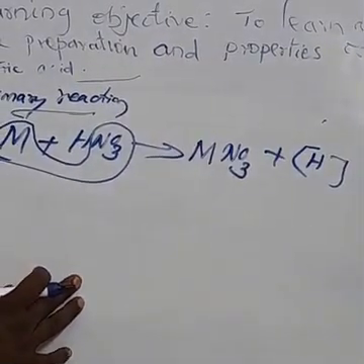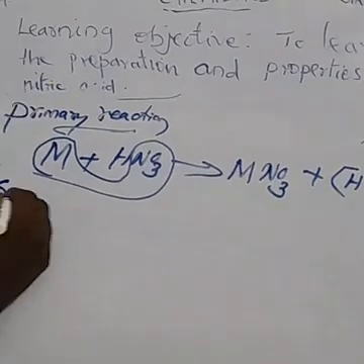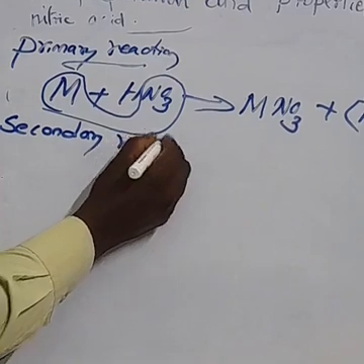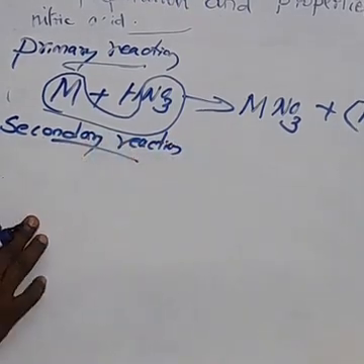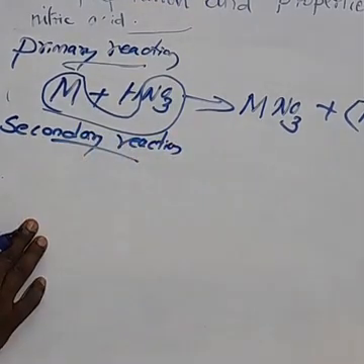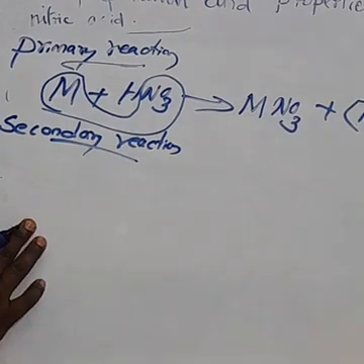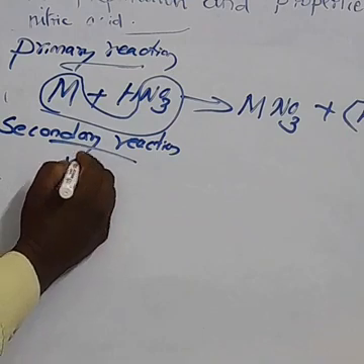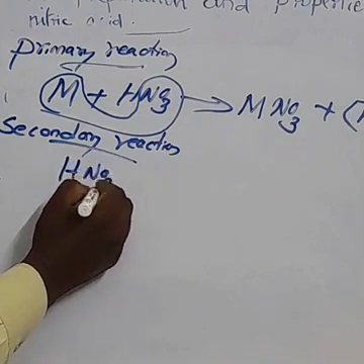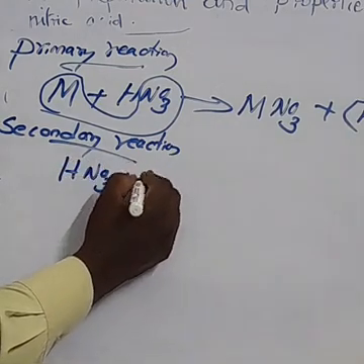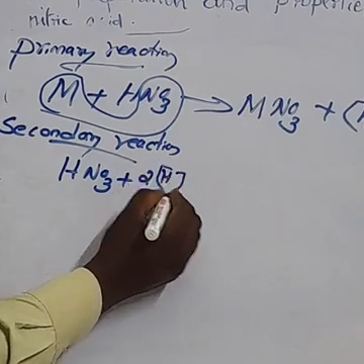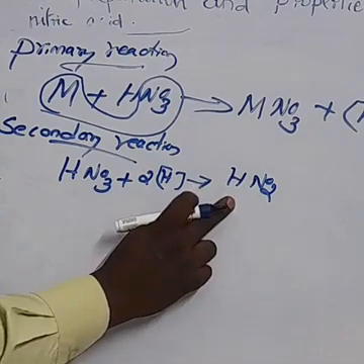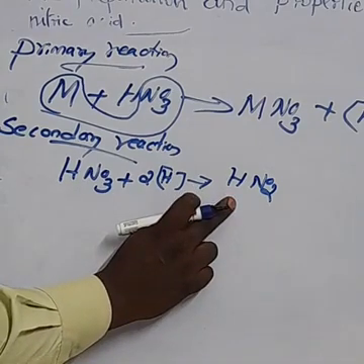Clear? About the second one, the secondary reaction. Here we have many equations, I think 4 or 5. First, nitric acid reacts with 2 hydrogen atoms. We get HNO2. What is HNO2?